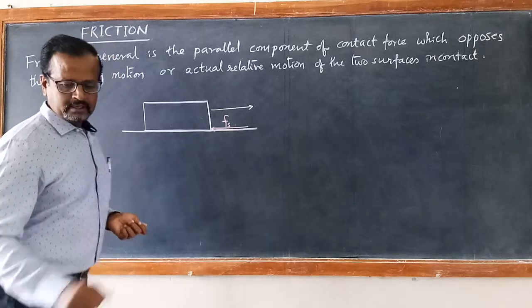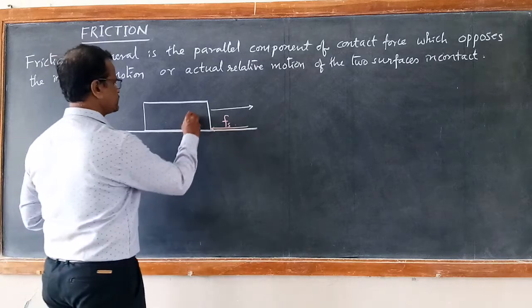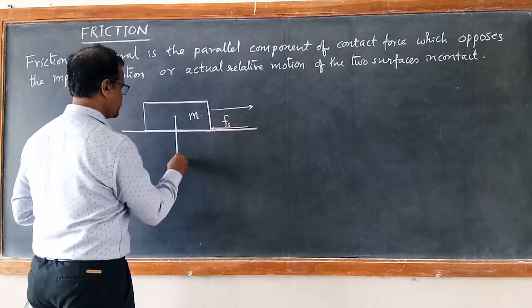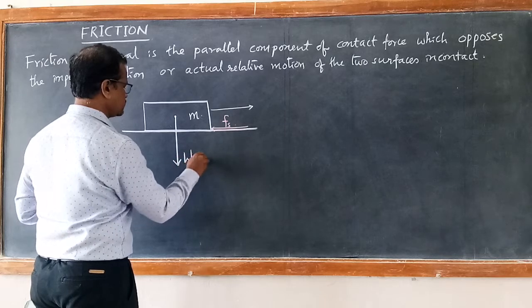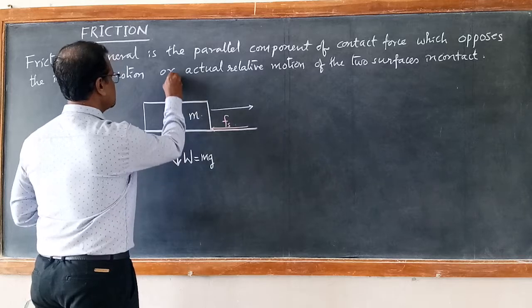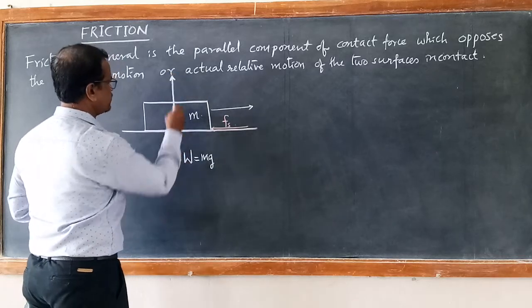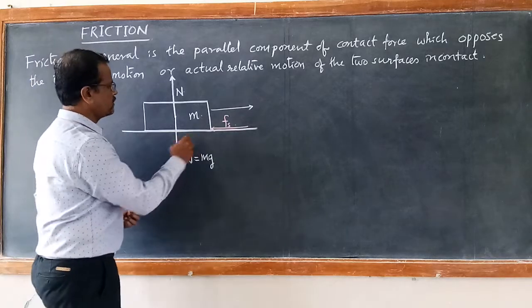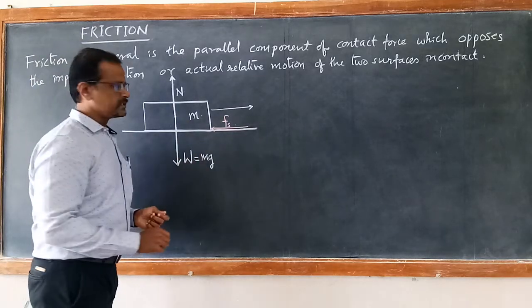If m is the mass of the box, then the weight of the box is equal to mg, and the normal reaction is exactly equal to this weight in the upward direction. So that becomes the normal force exerted by the floor. So N is also equal to mg.